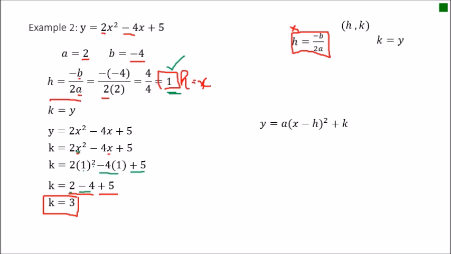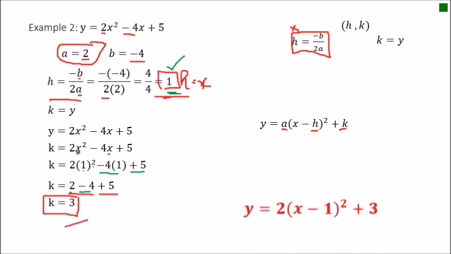What you will replace here are a, h, and k. The y and the x stay as is. Okay? So, your a is this, then your h is this, the 1, then your k is this.